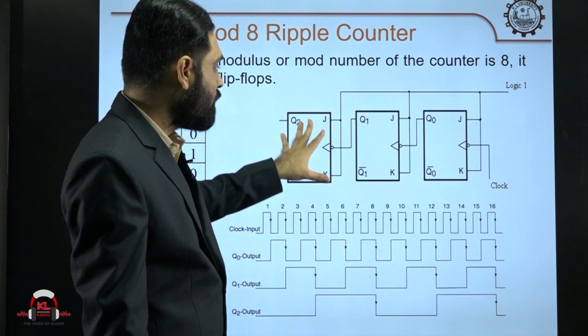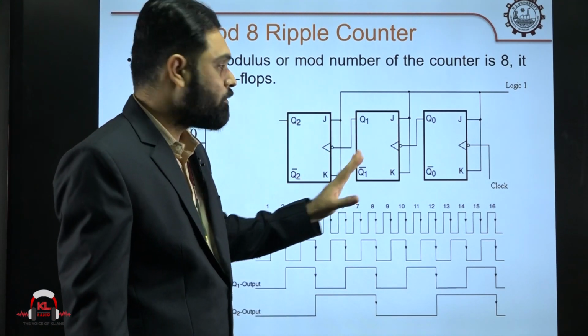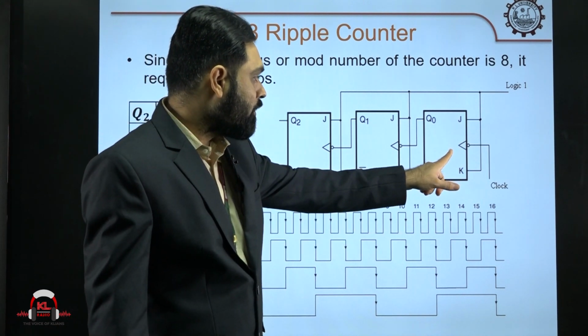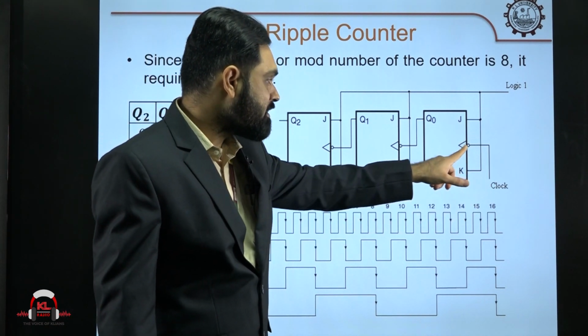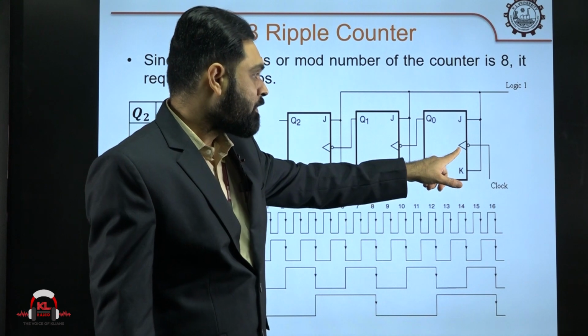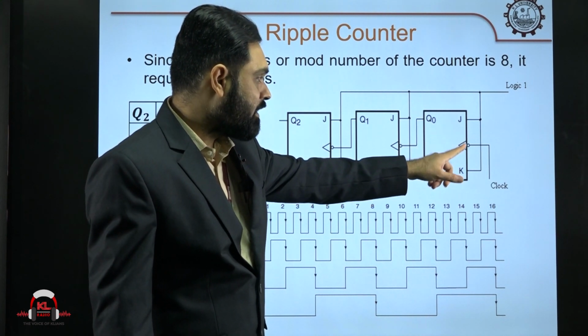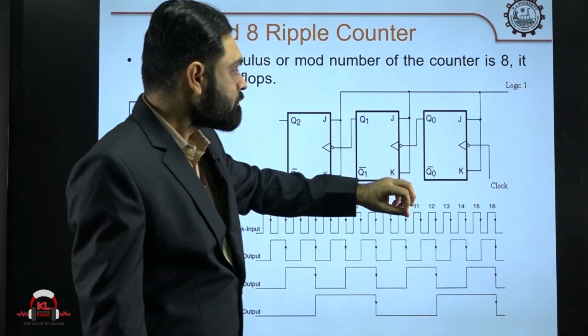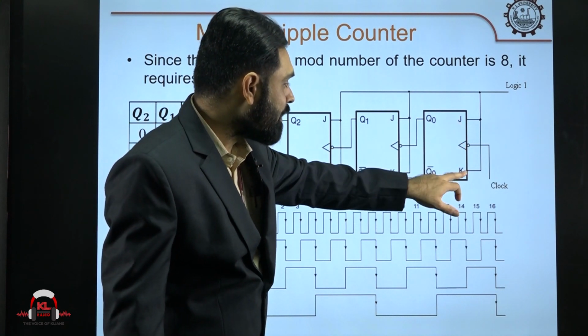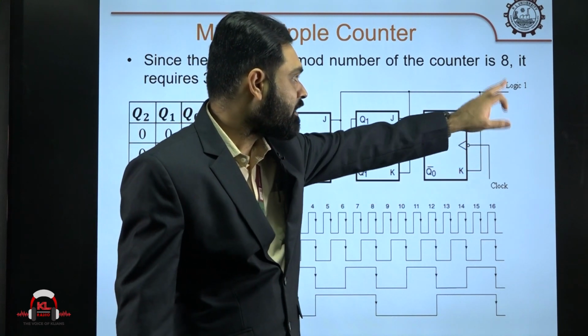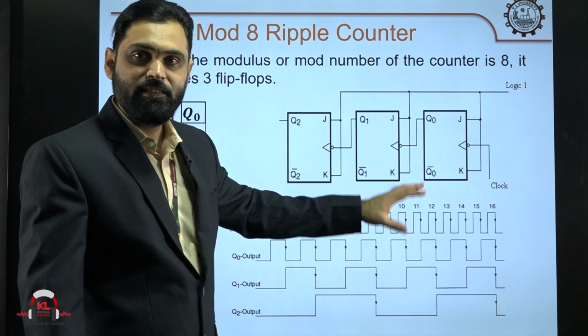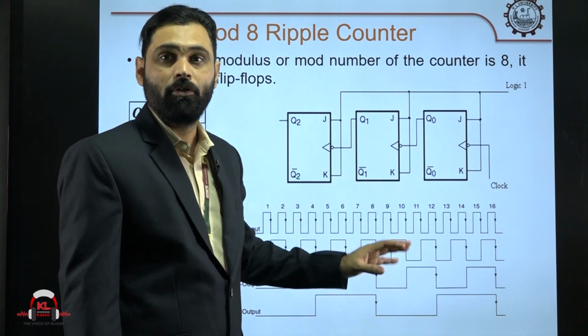Okay. So, this counter is constructed with JK flip flops. Look at the arrangement. One JK flip flop is taken, a clock pulse is applied to the JK flip flop, and this is edge triggered, and that also negative edge triggered. And look at here, J and K terminals are shorted and connected to logic 1. That means I am going to use this JK flip flop in toggle mode.